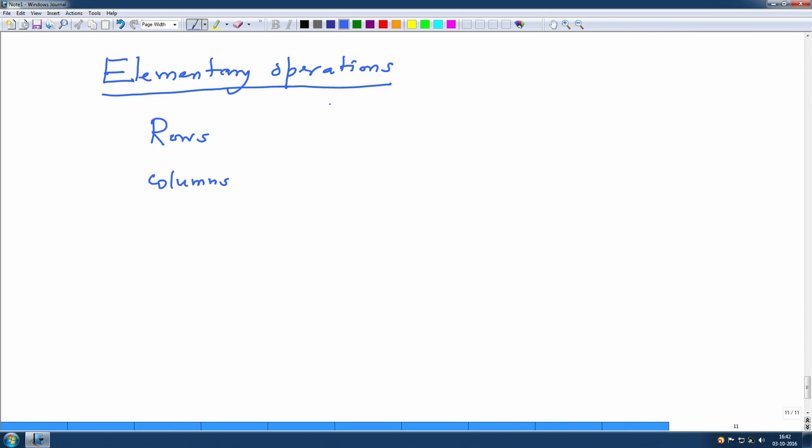There are three types of operations. One is adding a scalar multiple of one row to another row.